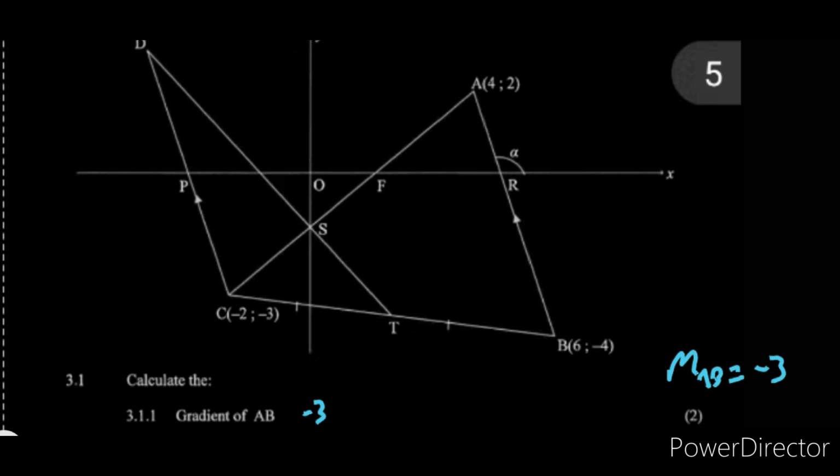For instance, they can say the angle between CD and the positive x-axis is 135. This is just an example. If they tell you that, they're just telling you that the angle on the right side is 135. How come positive axis? Because the weird part about it is that this is the negative x-axis. So what do they mean?